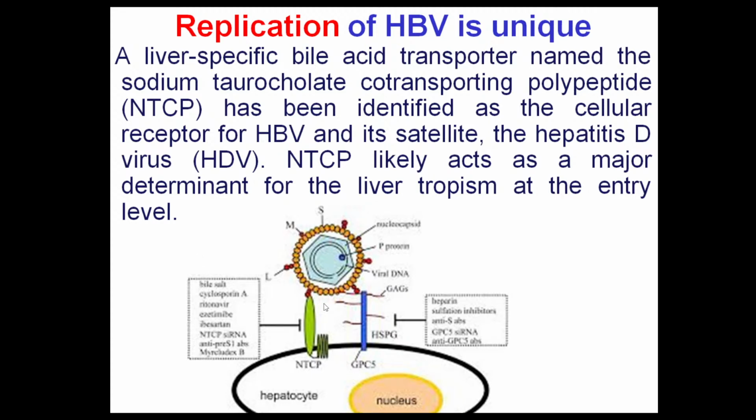So it means the virus may enter those cells that keep those receptors. You can see this is the receptor. And it is believed that the inhibitor of this receptor can be used to prevent the binding and entering into the cell.